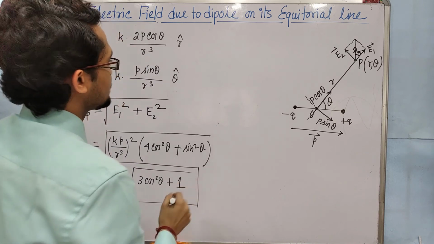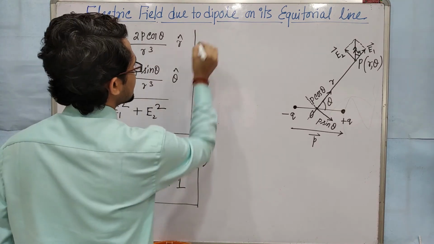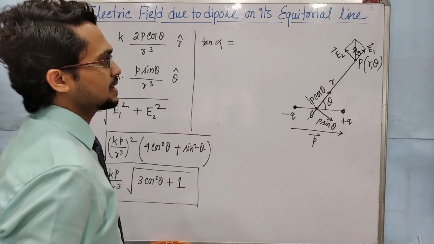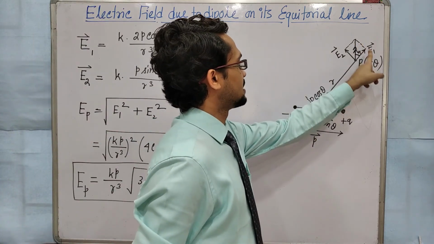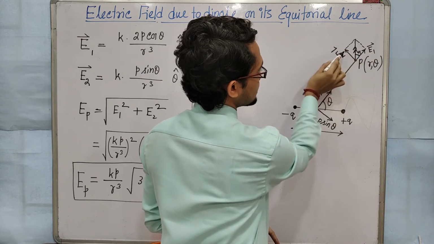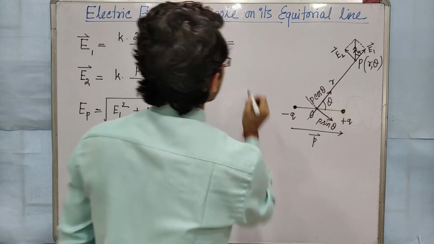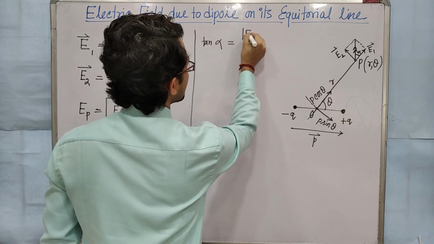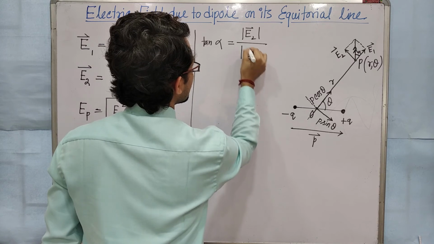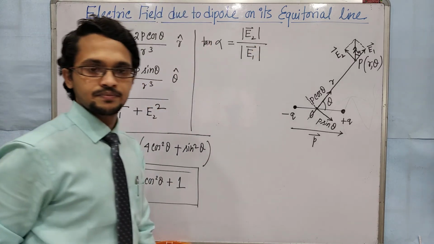Now how to find the angle? Tan alpha is this by this, and this part means E2, so mod E2 by mod E1.